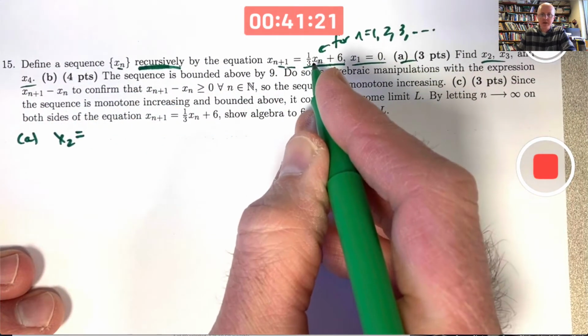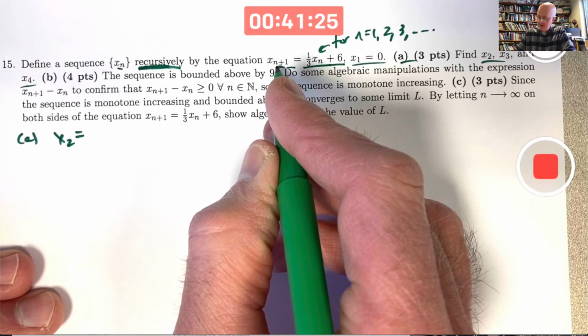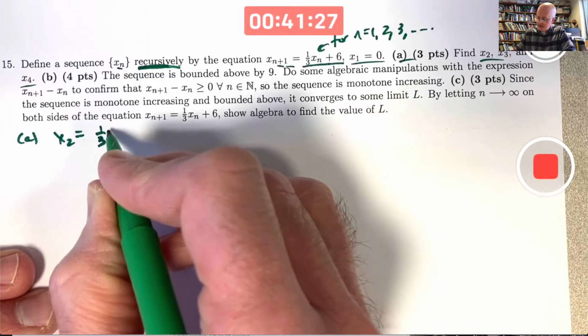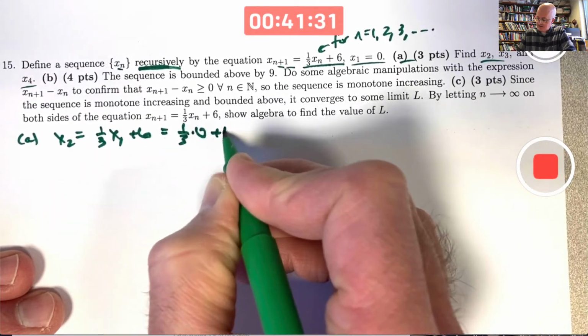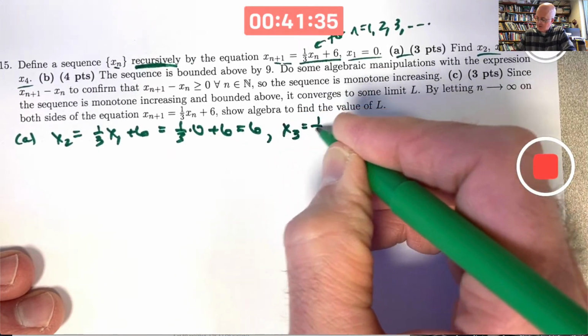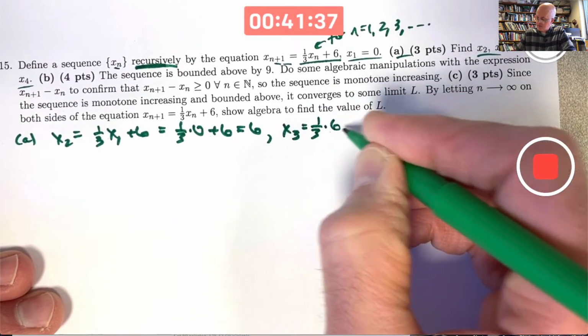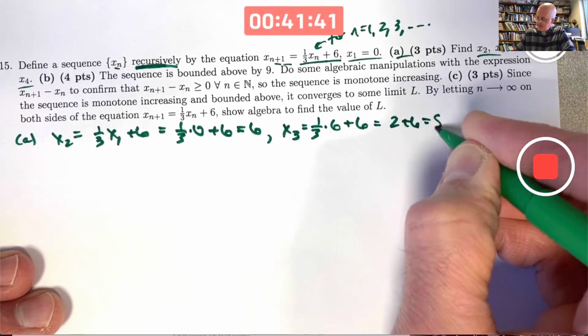x2, by this formula, when n is 1, x2 is 1/3 times x1 plus 6, so that's 1/3 times 0 plus 6, which is 6. x3 is 1/3 times x2 plus 6, so 2 plus 6 is 8.